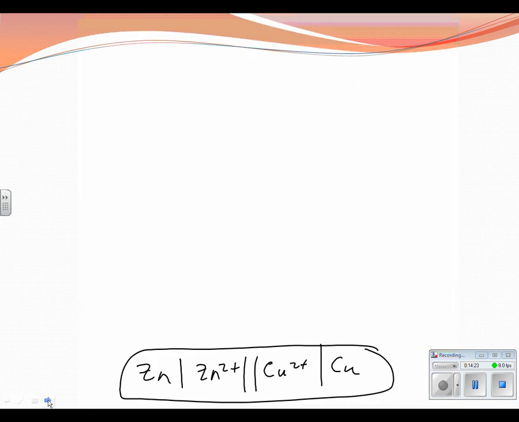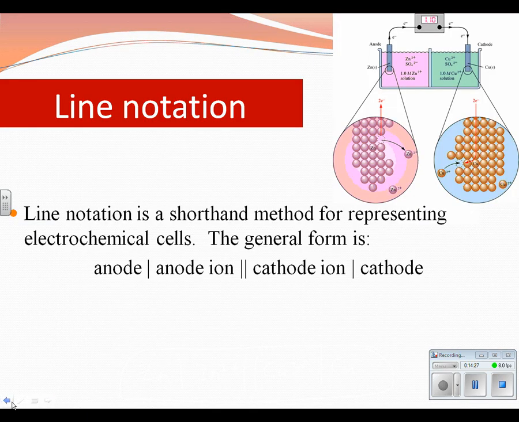So in your notes, it talks about the line notation, a shorthand notation method for representing electrochemical cells. The general form is to write the anode, a line, and then the anode ion. Then a double line, and then the cathode ion, a line, and then the cathode.